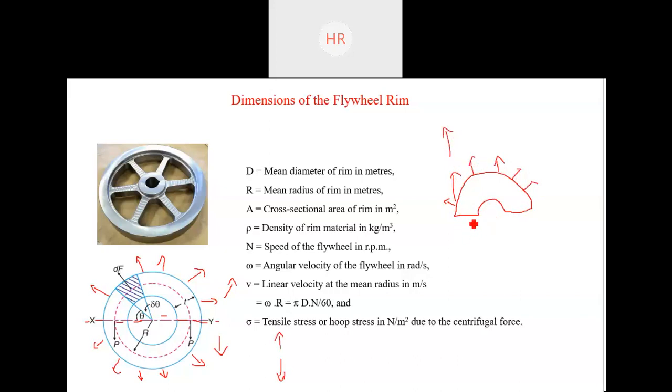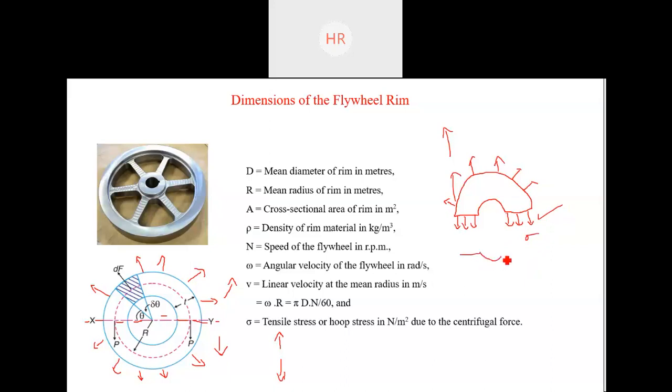If I cut this section, then at the cross section some stress will be developed in the material of the flywheel. This stress is called hoop stress.